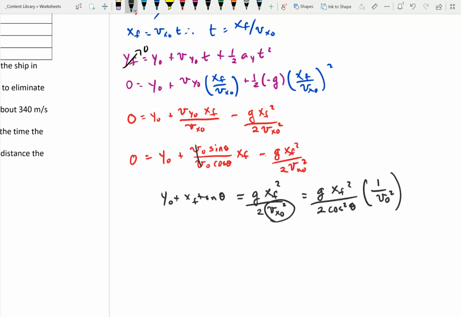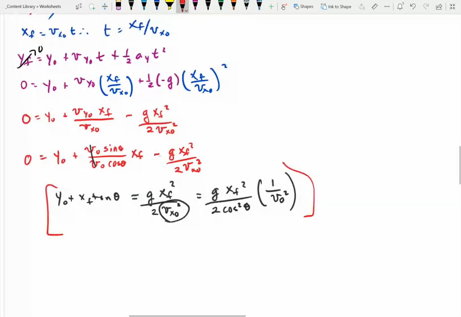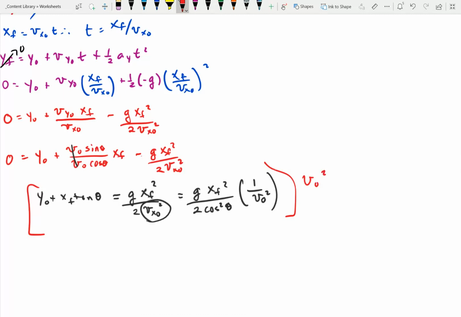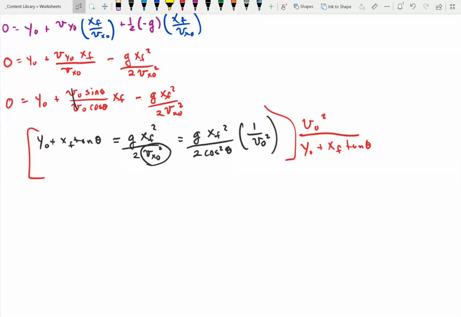All right, so if I want to solve for the v0 squared, I'm going to have to multiply everything by v0 squared to get it in the numerator position. And then I'm going to have to divide everything by the stuff that was on the left side. And so I'm left with the relation that v0 squared is equal to g x final squared over 2 cosine squared theta.